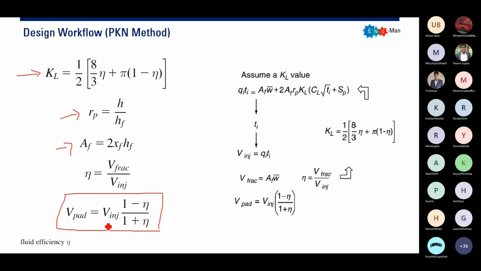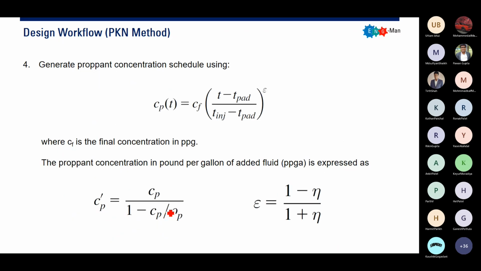Okay, it is this injected volume multiplied by 1 minus fluid efficiency, okay, fluid efficiency is the reverse of the fluid loss, divided by 1 plus fluid efficiency. Okay, and then after that, we will generate the proppant concentration. Okay, we will generate the proppant concentration like this one using this formula.